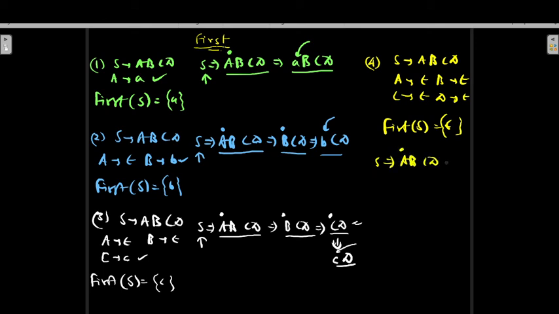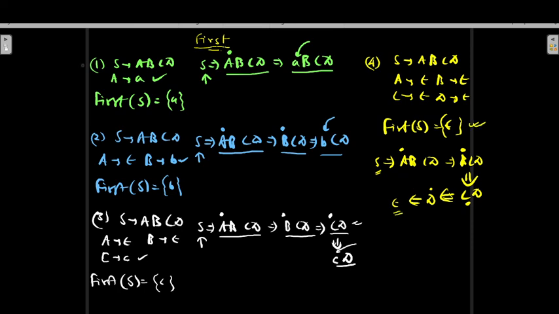Now as this A produces epsilon, it will be BCD. Now as B produces epsilon, it will be CD. Now as C produces epsilon, it will be D, and finally as D produces epsilon, it will be epsilon. So we can see that all the strings produced by S will contain epsilon, so first of S is epsilon.